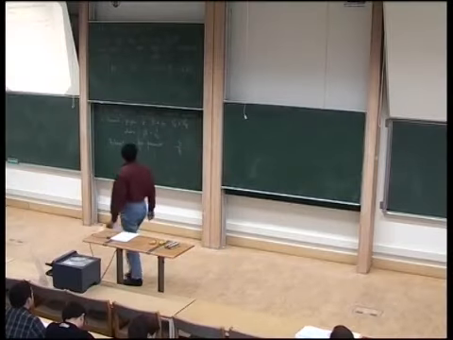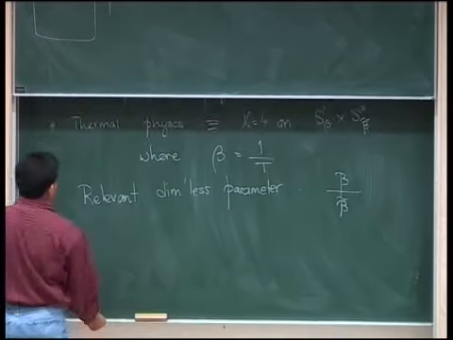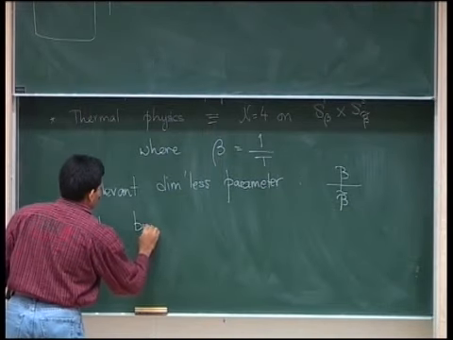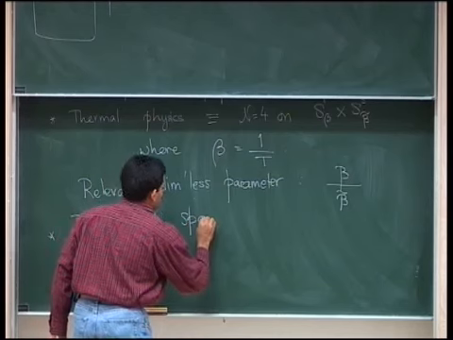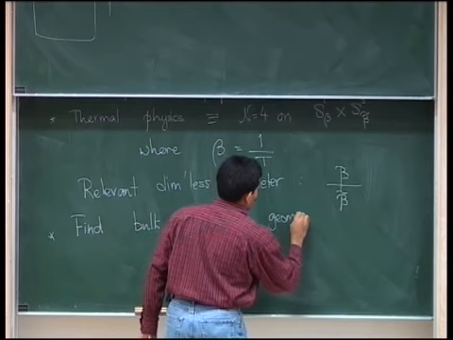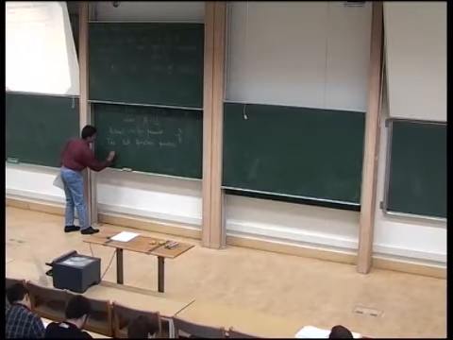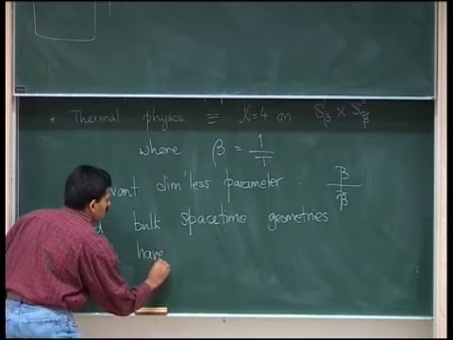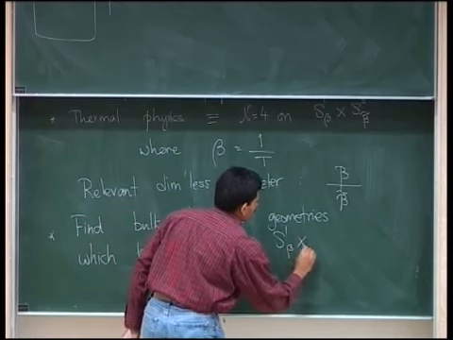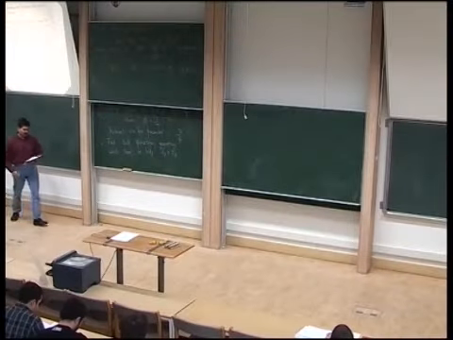Now what do I need to do if I want to find the dual geometry? The rules of AdS CFT say the following: find bulk spacetime geometries which have as boundary the manifold on which I am putting the conformal field theory, which in this case is a product of a circle and a 3 sphere.